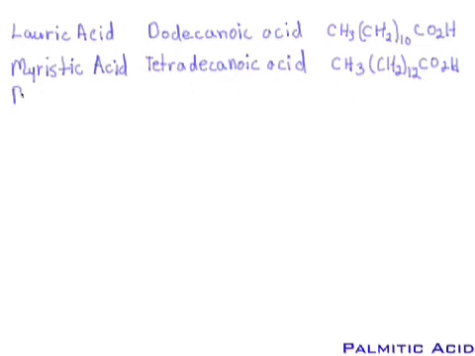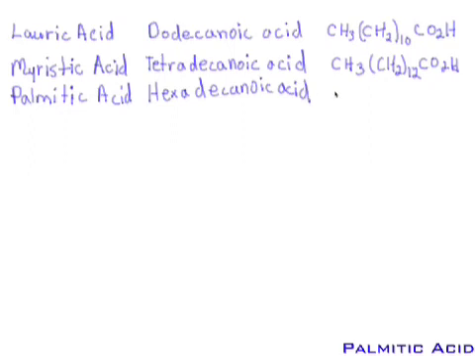Next one is palmitic. Palmitic acid is hexadecanoic. Hexadecanoic acid. And of course, there are now 14 CH2s.